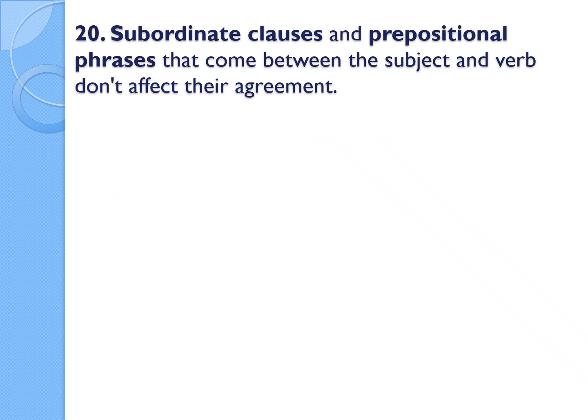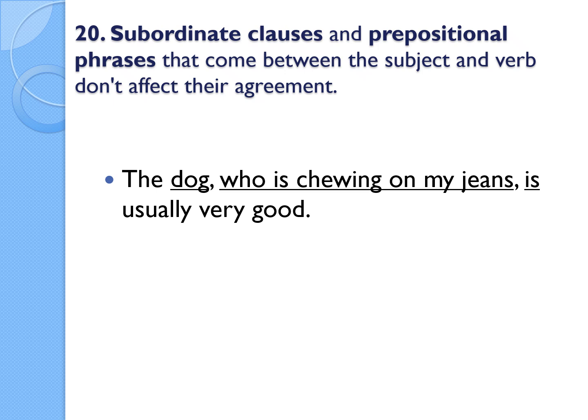Subordinate clauses and prepositional phrases that come between the subject and verb don't affect their agreement. It's just like the intervening phrase that I mentioned earlier. Example: The dog who is chewing on my jeans is usually very good. We have here a subordinate clause, who is chewing on my jeans. It must not affect our subject, the dog.